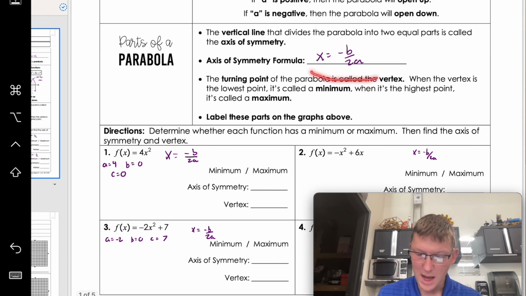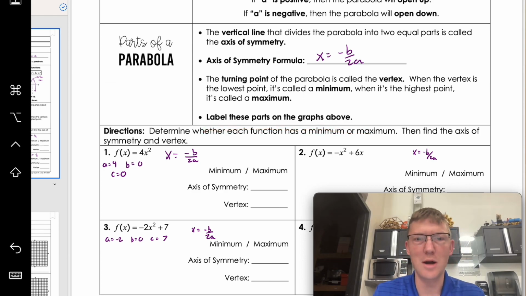So x equals negative b over 2a. That is the axis of symmetry. That's what that says right there. And the turning point is called the vertex. We talked about minimum, maximum, and we already labeled the parts above.